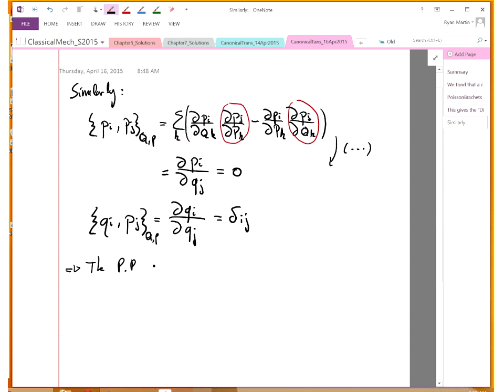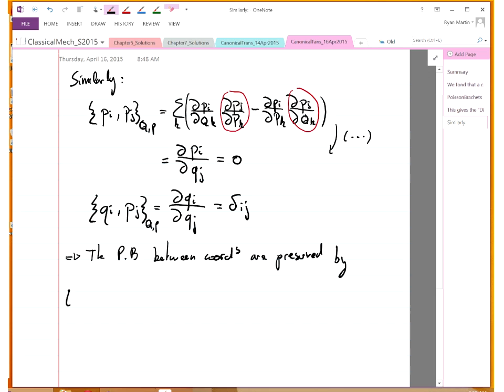So the Poisson brackets between coordinates are preserved by the canonical transformation, because of the direct condition.